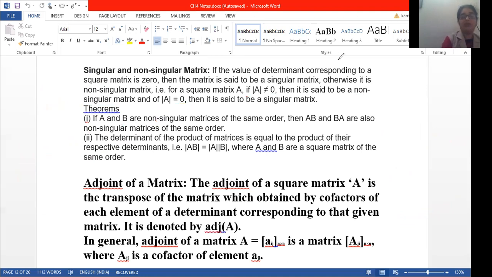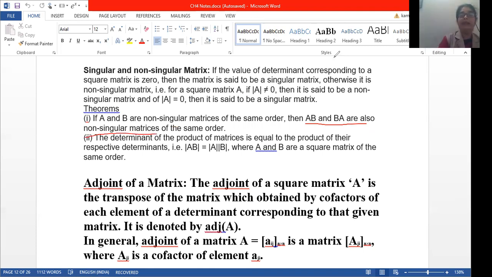Some more things you should know. If A and B are non-singular matrices of the same order, then AB and BA are also non-singular matrices of the same order. Clear? So if A and B are two matrices that are non-singular, meaning the value of their determinant is not equal to 0, then the multiplication of these two matrices in any order will also be a non-singular matrix of the same order.